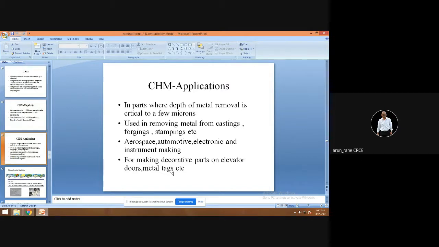It can also be used for cleaning purposes, that is, for parts which are cast or forged, to remove the scales, chemical machining is used successfully or widely.